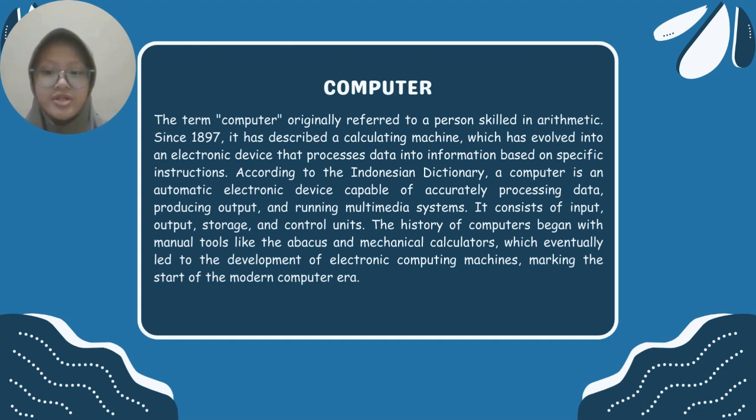Originally, computer meant a person good at arithmetic. Since 1897, it referred to a machine that calculates. Over time, it became an electronic device that processes data into information.